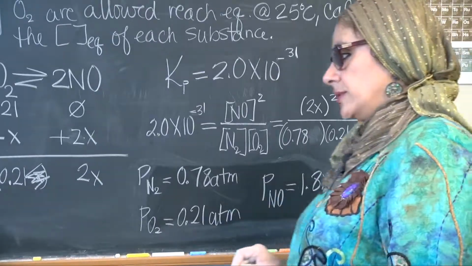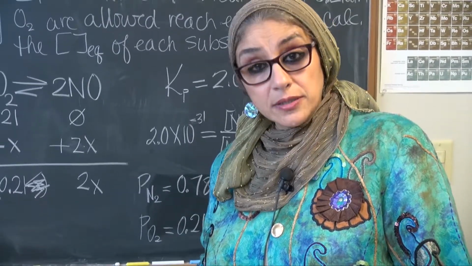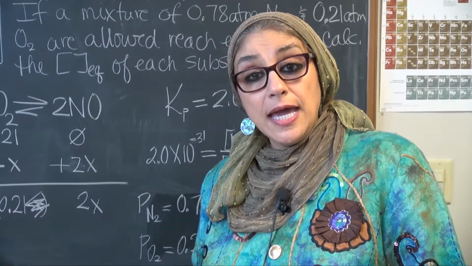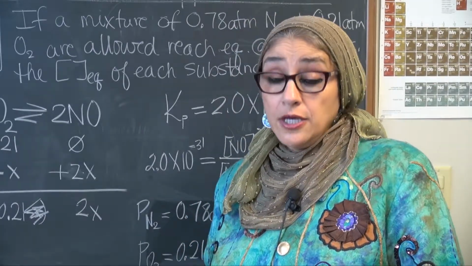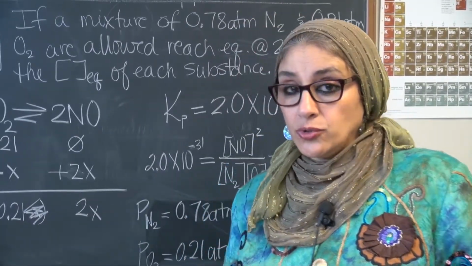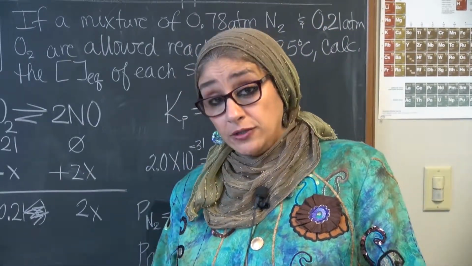And that, my dear students, is how you would calculate the concentrations at equilibrium and use chemistry to simplify the math. The two criteria in order to approximate, again, you have to be in the change line.